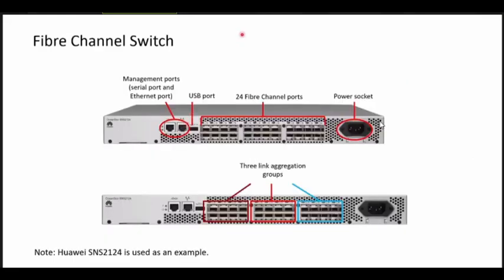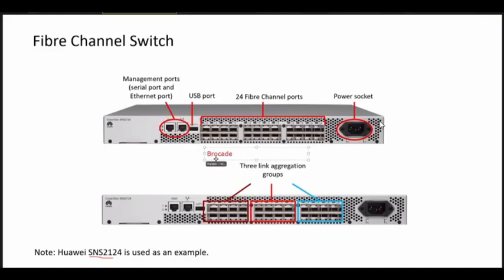If you're running a SAN environment, fiber channel switches are there. Huawei has their own brand of fiber channel switches. It's actually a redistributed switch from a company called Brocade. Brocade is like the sole or main provider for fiber channel.